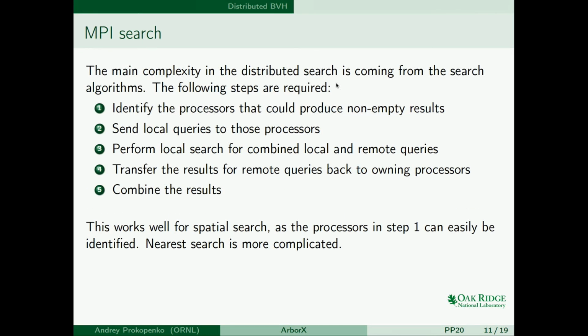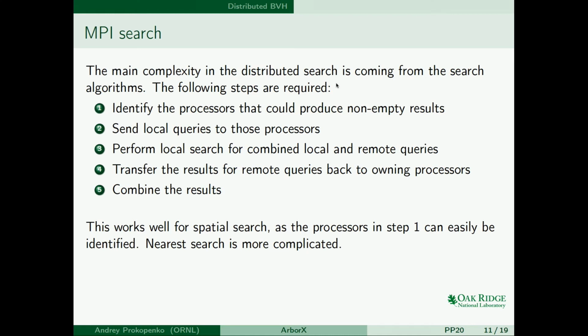Now, the search part is interesting. Generally, you have queries on each processor, but you may also get valid results from other processors that may have some contributions. So your first step is to identify the processors that could produce non-empty results.